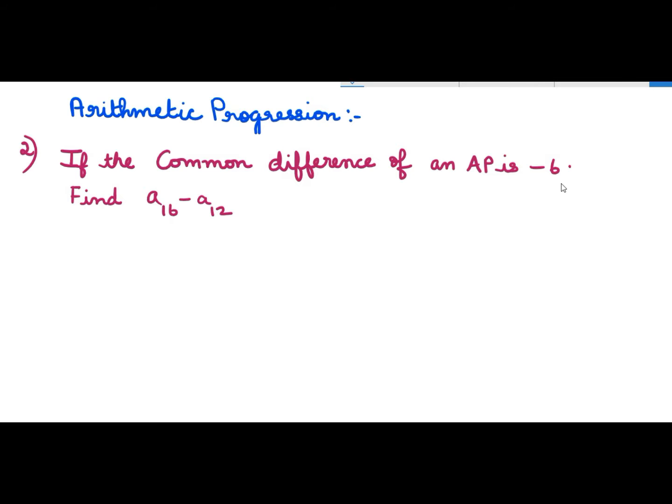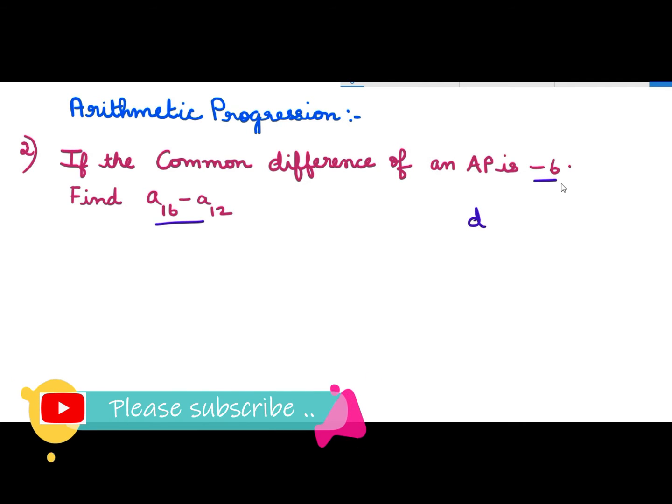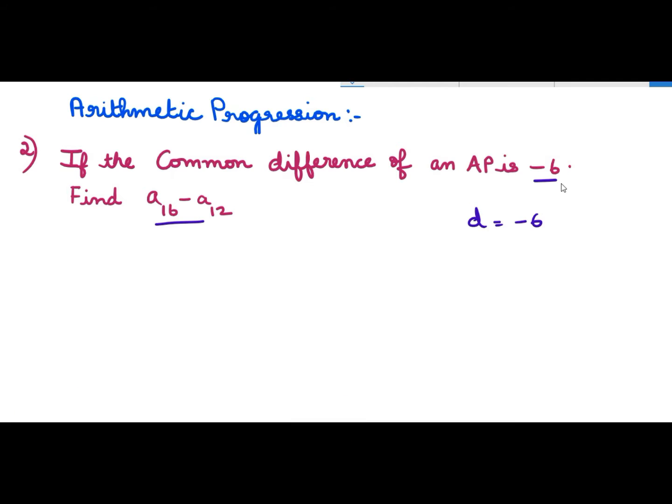Now the second question is, if the common difference of an AP is minus 6, find a16 minus a12. Common difference d is given as minus 6. We have to find a16 minus a12. That means we have to find the 16th term minus the 12th term.